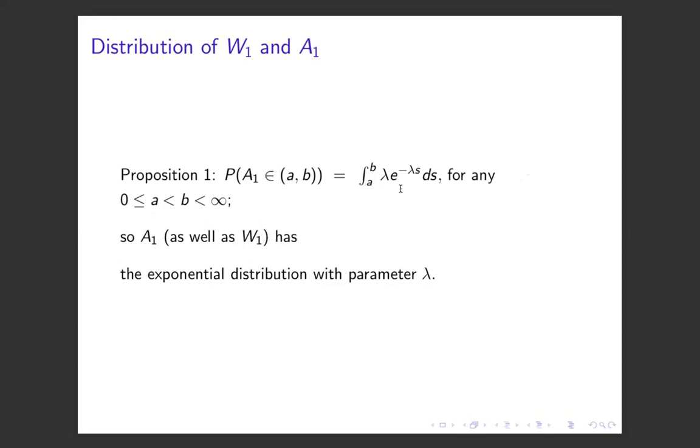And we know that this function is the probability density function of the exponential random variable with parameter lambda. So A1, as well as W1, has the exponential distribution with parameter lambda.